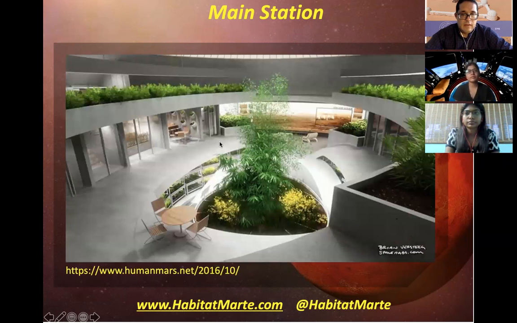Then we can see some concepts of how the operation or the design of this infrastructure, the main station, would be. It will not be exactly like this, but something important that I'd like to consider is having some plants in the inner area, because plants are interesting for many reasons.